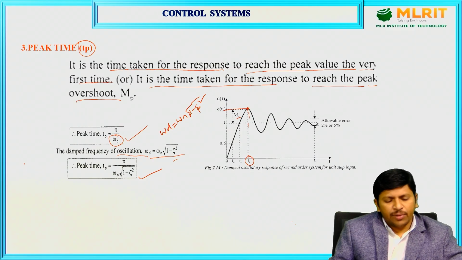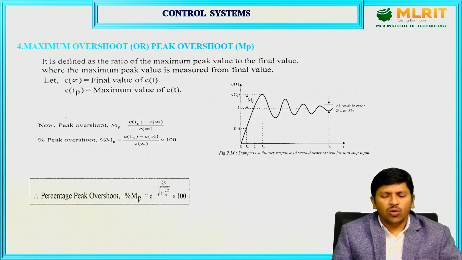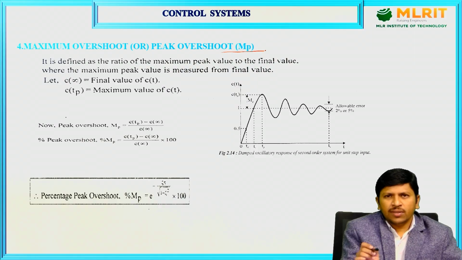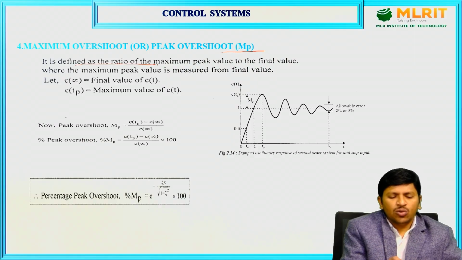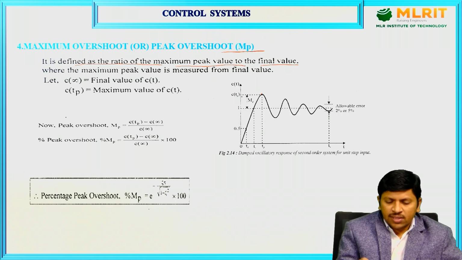Next, coming to maximum overshoot or peak overshoot. It is represented with Mp, and it is defined as the ratio of the maximum peak value to the final value. Here, this is the maximum peak overshoot, from here to here.